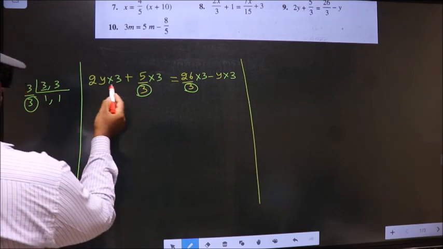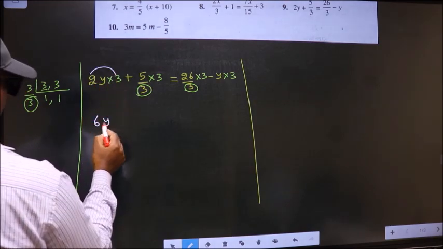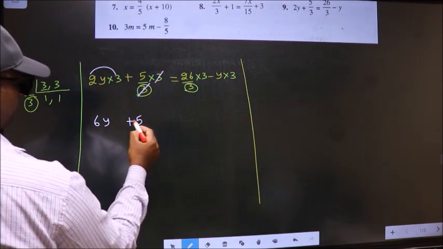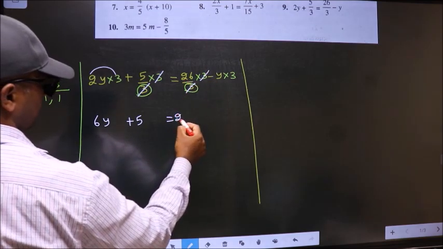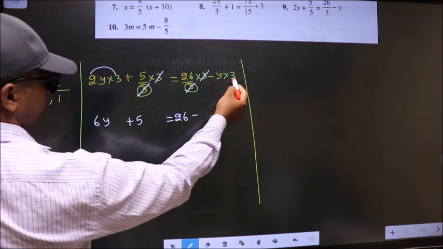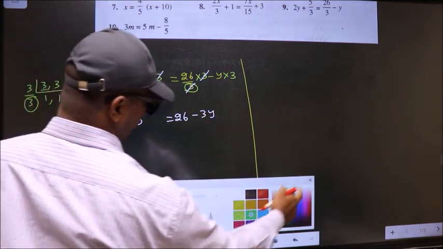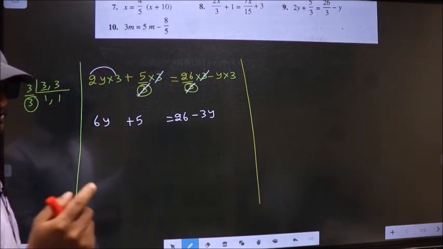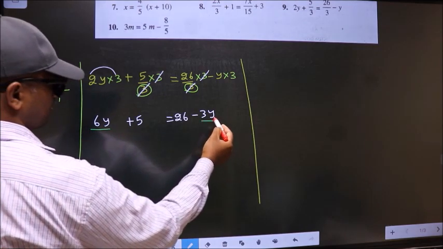Now 2y into 3, 2 into 3, 6y as it is, plus 3 cancel out, we get 5 equal to, here 3 cancel out, we are left with 26 minus y into 3, 3y. So here we don't have any more denominators left. Now here we have y, here also y.